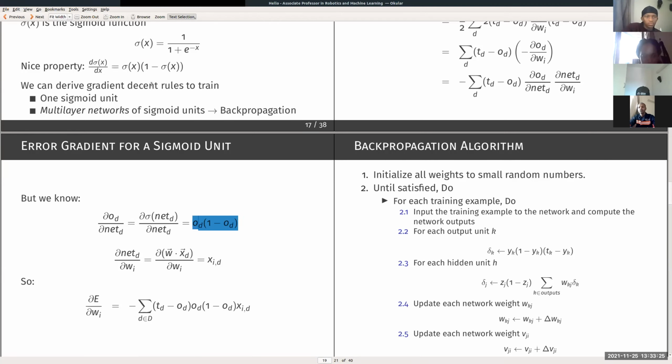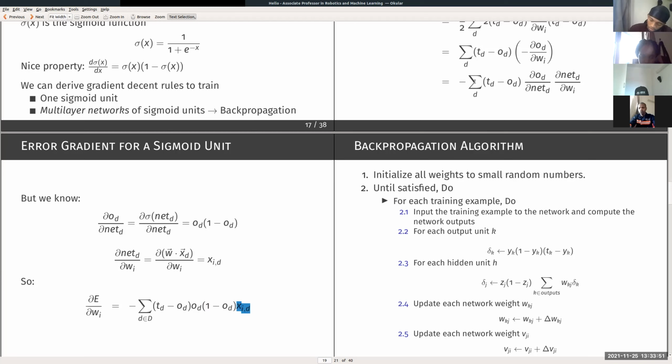That's the derivative, so we are just going to substitute it here. The output multiplied by 1 minus output, that's that one. And then you have the partial of net with respect to partial of Wi, which is xi. So xi there, that's that one.